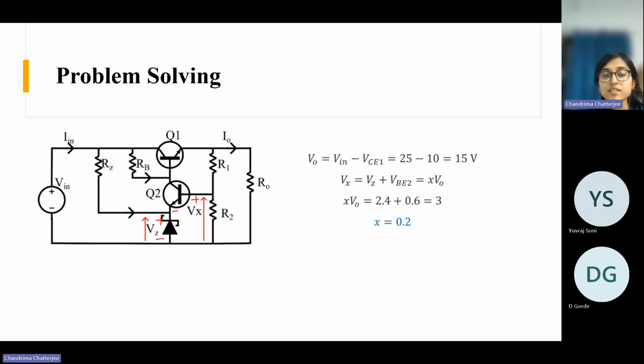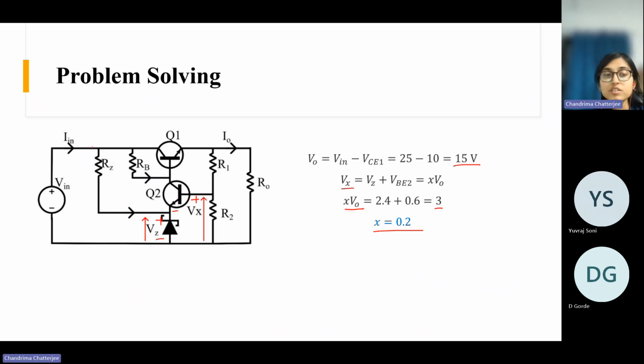Vx is basically the summation of VBE2 and Vz. Okay. And what is Vx? Vx is the attenuated output voltage. So attenuated output voltage means x V naught, that is equal to 3. And you know V naught is 15 volt, so x comes out to be 0.2.